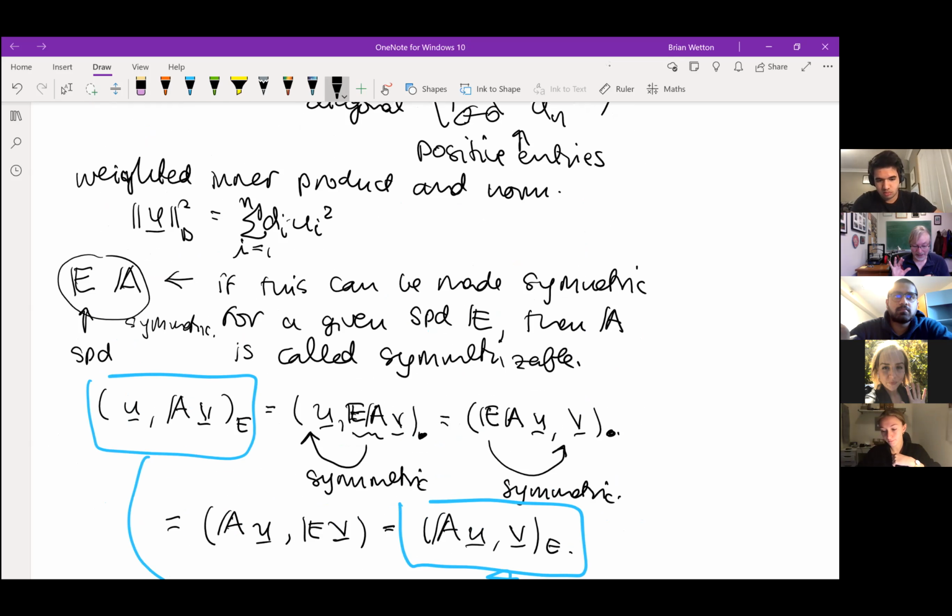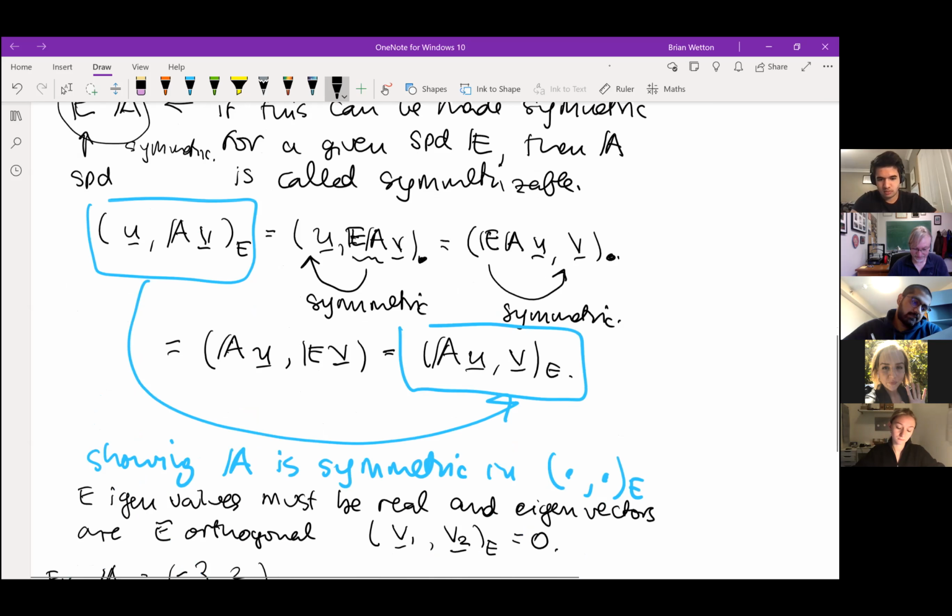Remember, not every matrix has real eigenvalues or orthogonal eigenvectors in any sense. So this is an extension of the idea of symmetric matrices, but it's just a bigger class. It's not all matrices that this happens for.